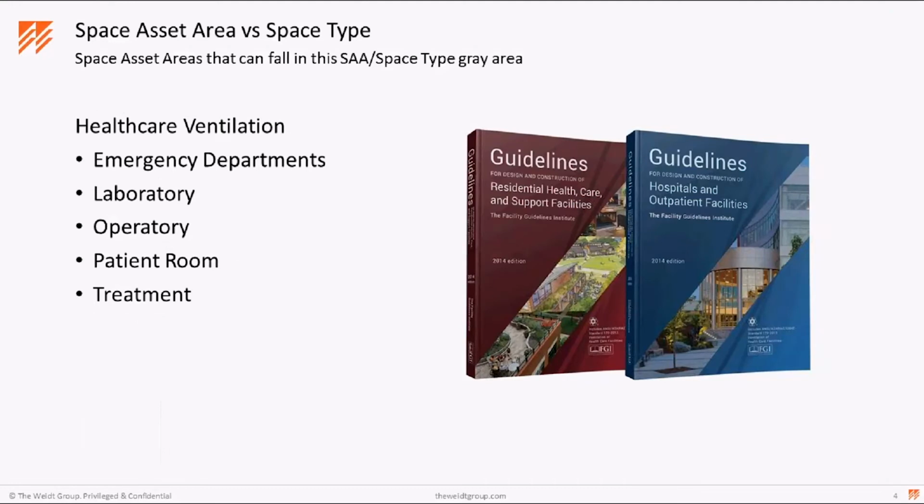So looking at some space asset areas that are similar to space types, we have healthcare ventilation requirements, for example, that dictate the necessity for emergency departments, laboratories, operatories, patient rooms, and treatment rooms to be more like space types in the way you would use them within NEO, as opposed to the classroom space asset area that was mentioned as an example previously.